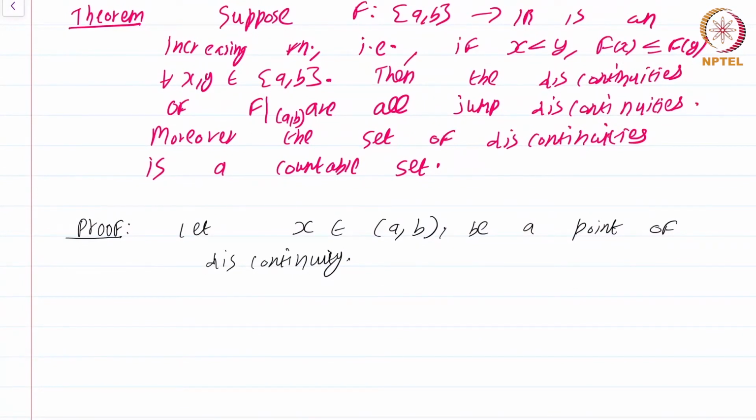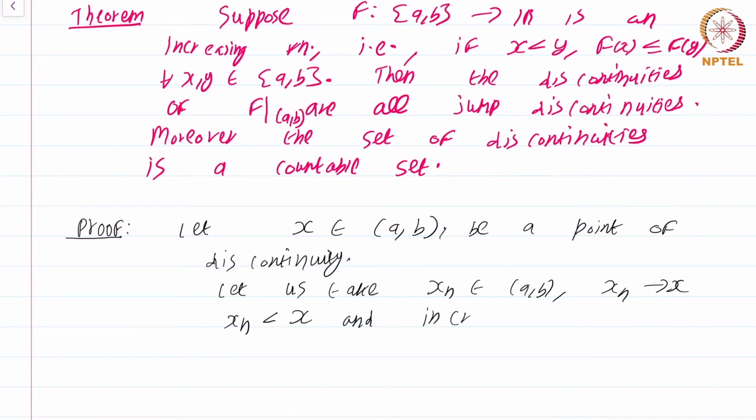Well, how do we do that? What we are going to do is, let us take x_n in (a, b), x_n converging to x, x_n less than x and increasing. In fact, I'm going to demand that it's strictly increasing.